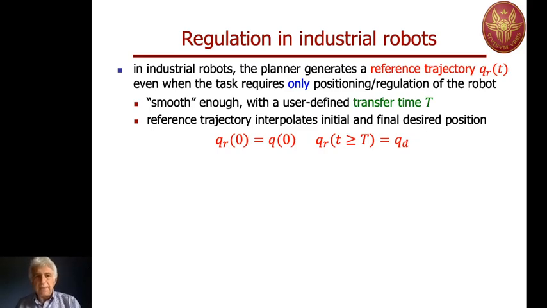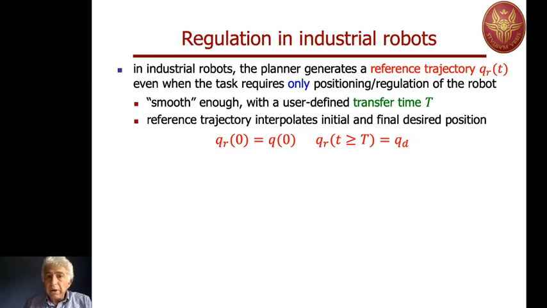Let's call this capital T. So this reference trajectory will have a boundary condition, certainly that at time zero, the initial start of the trajectory, the reference is equal to the current configuration. So I'm starting with zero error with respect to this trajectory. And this trajectory will get at time T at the desired configuration QD, and from there on will stay there forever. So it's just an interpolating motion that I'm fitting to the particular point-to-point task.